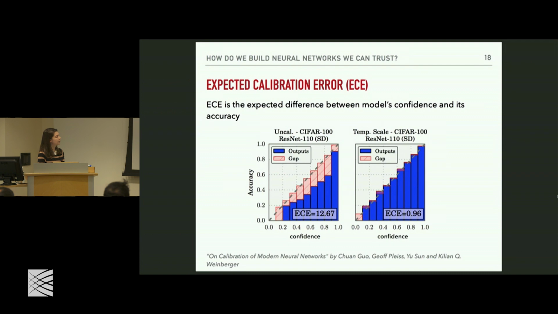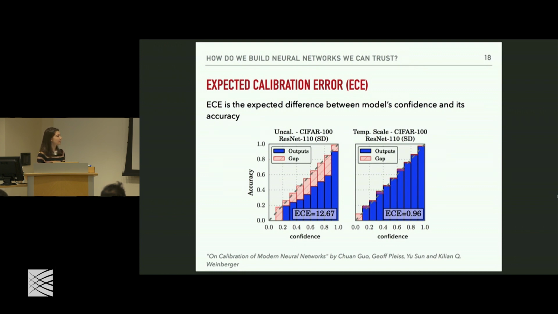And this gap shown in red bins is the calibration gap between the perfectly calibrated model, which is the diagonal, and the real neural network model, which is shown with the blue bins.